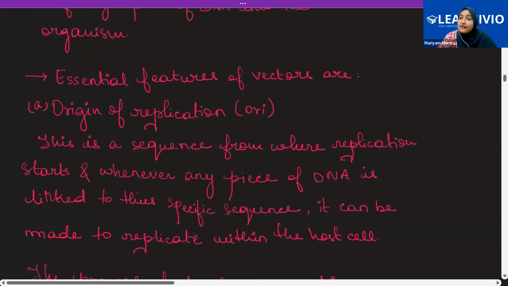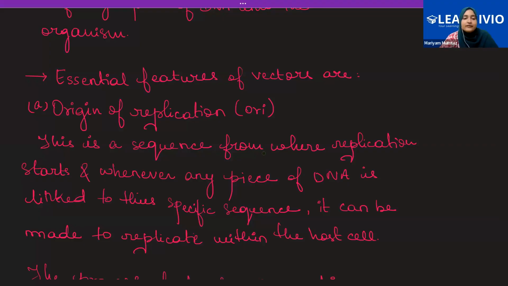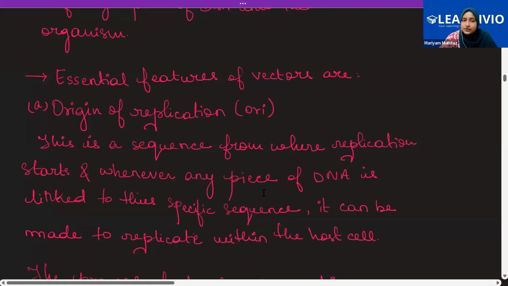The first thing that every vector must have is the origin of replication. This is the point in that particular vector from where the replication process will begin. So, if let's say the gene of interest is linked at the origin of replication, then it will replicate along with the replication of the host.